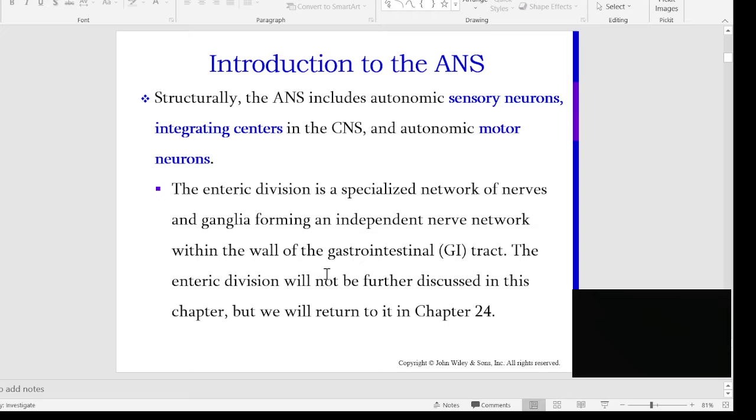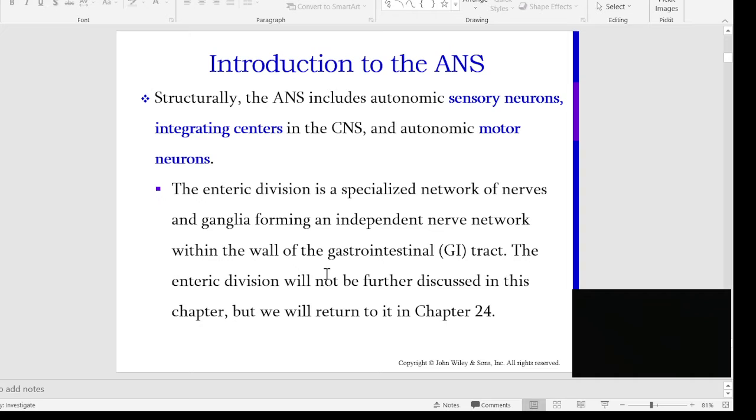So the ANS includes autonomic sensory neurons. Since it is a peripheral nerve, the sympathetic is part of the peripheral nervous system. Therefore, it has both sensory and motor neurons.